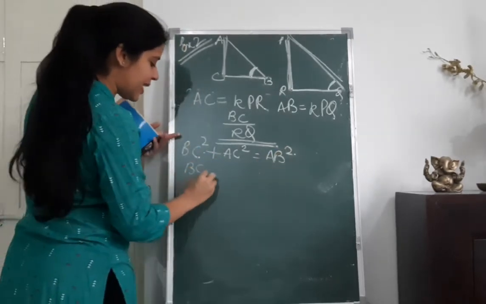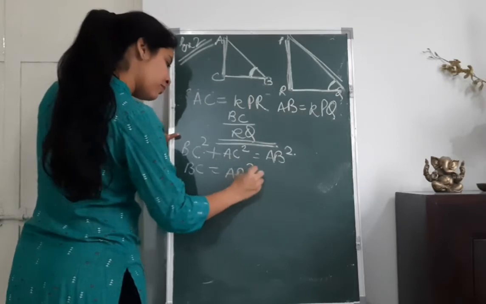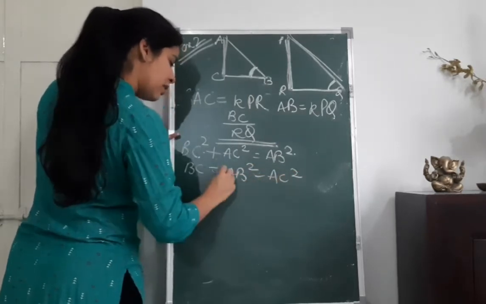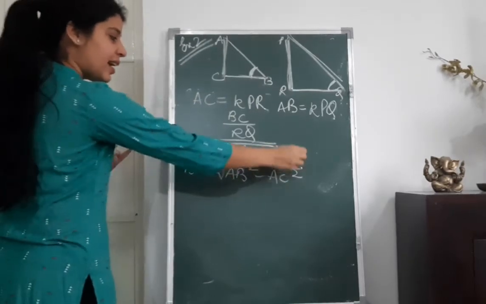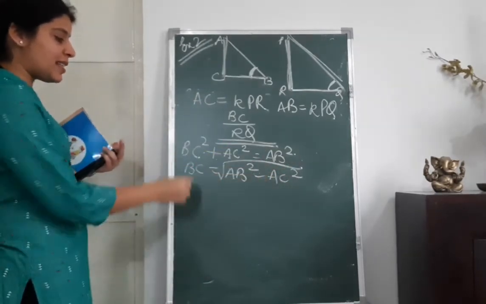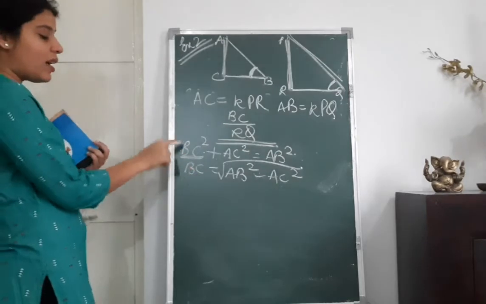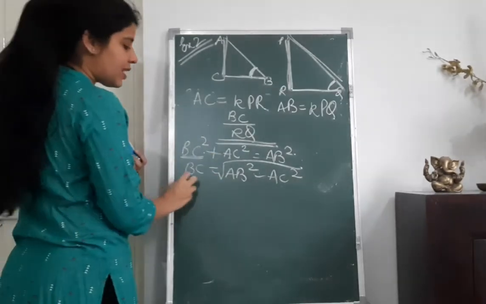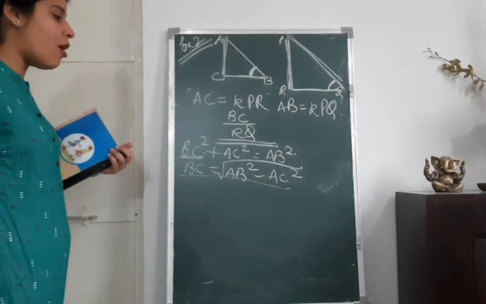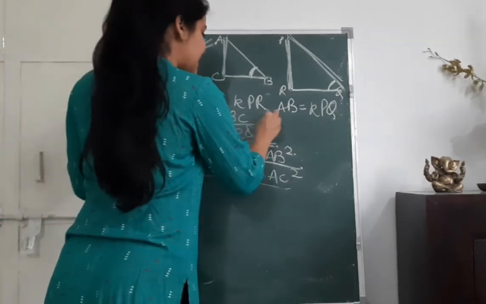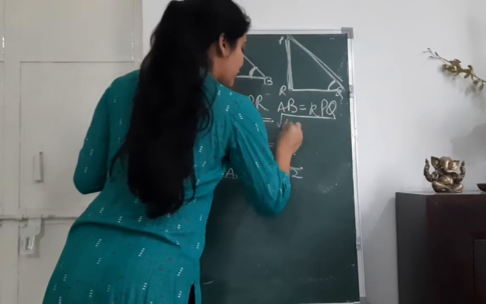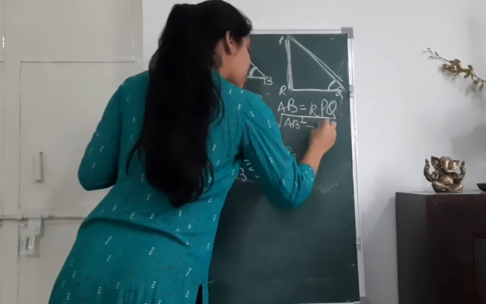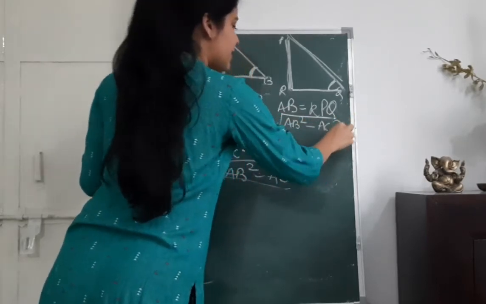Which gives me BC as nothing but the square root of AB square minus AC square. Taking this here, AB square minus AC square is equal to BC square. Now I have to take the square root on both sides, and that's how I get BC is equal to root of AB square minus AC square. So let me write this here. BC is equal to root of AB square minus AC square.